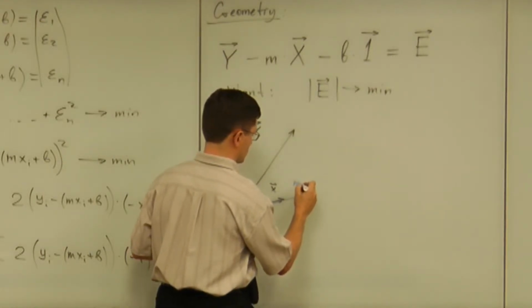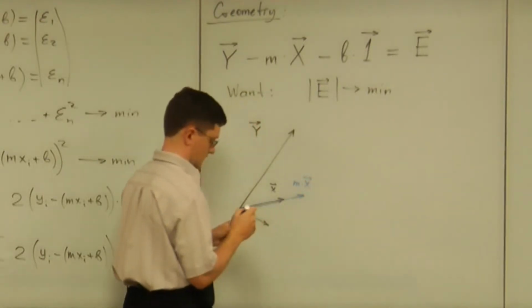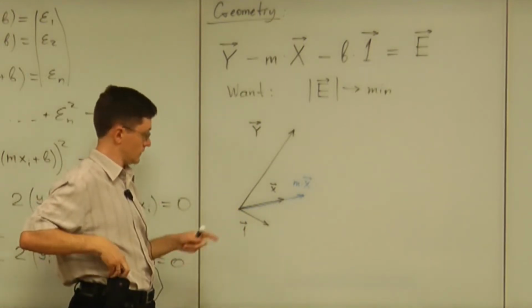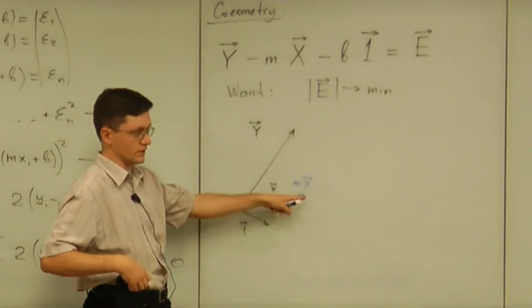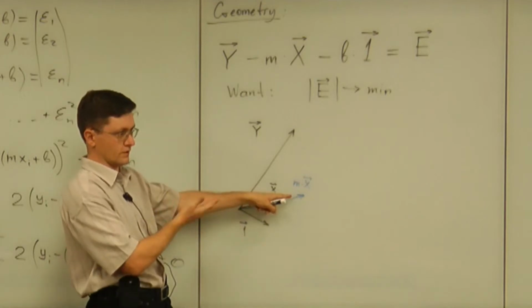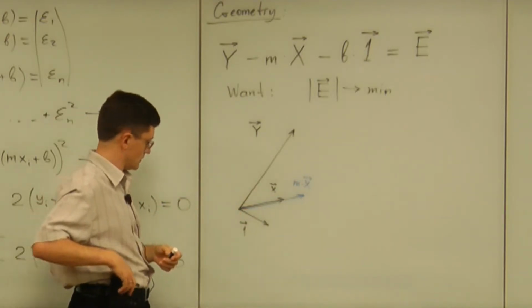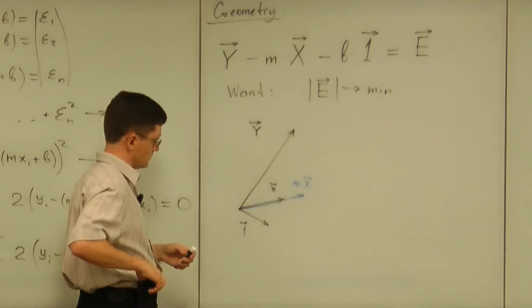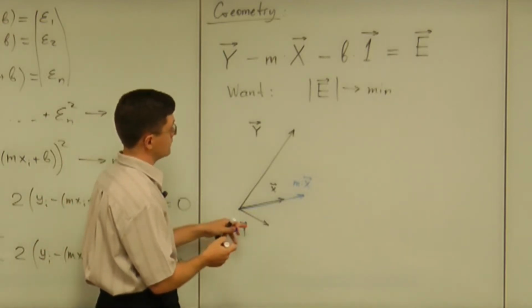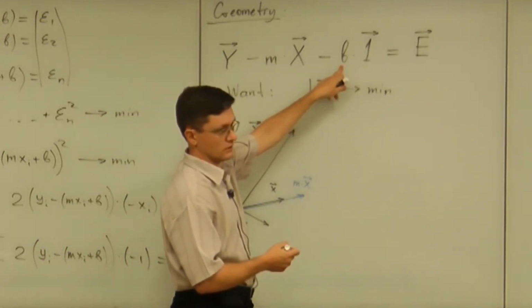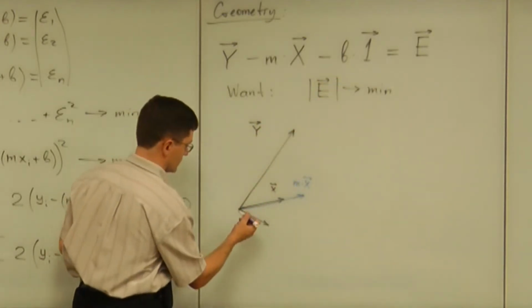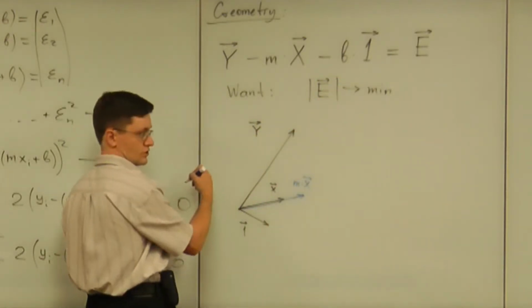So this is m times x. And I can draw that on the same line as x, right? I don't need extra dimensions to draw that. What else? Well, I can multiply 1 by b, just by making it longer, or shorter, or even changing direction.